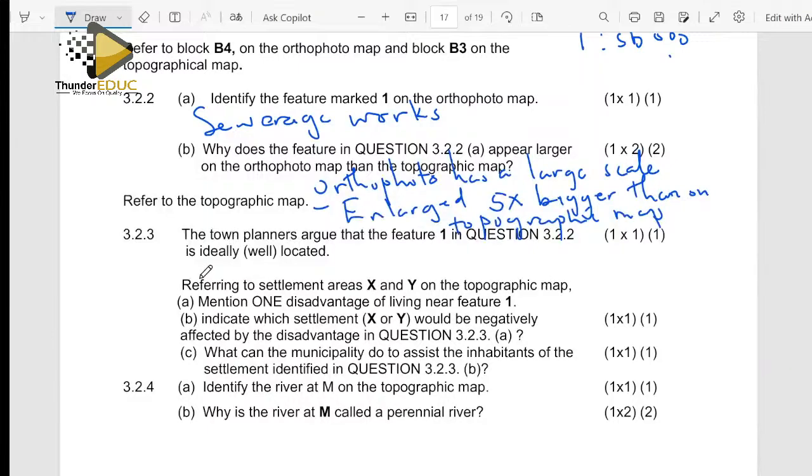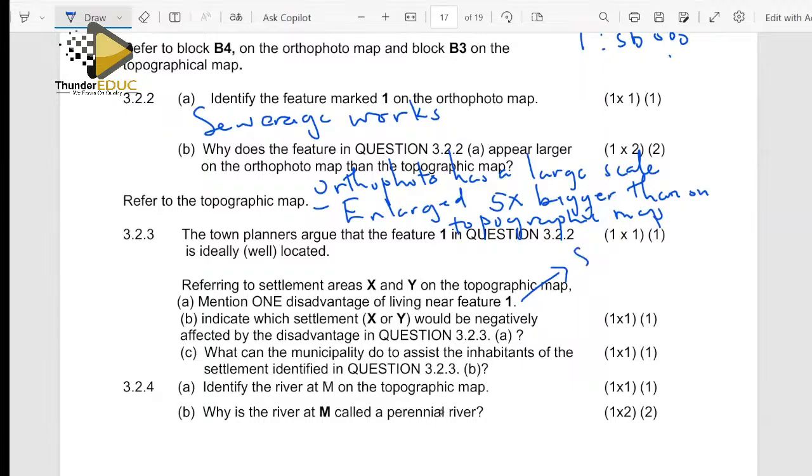Right. Number 2.3.2. The town planners argued that feature 1 in question 3.2.2 is ideally located, or is well located. Yes, it's ideally located. Mention one disadvantage of people living near feature 1. If people are living near the sewage works, what is going to happen?